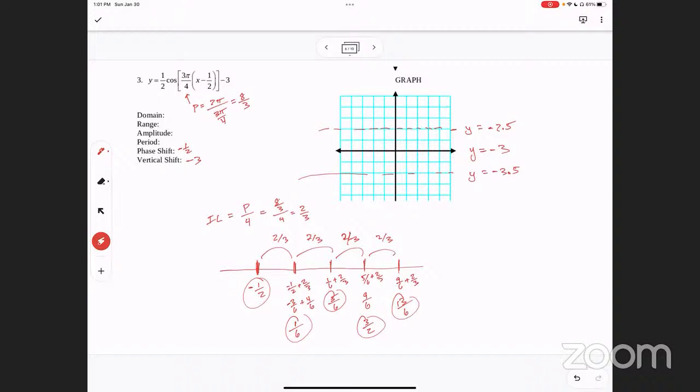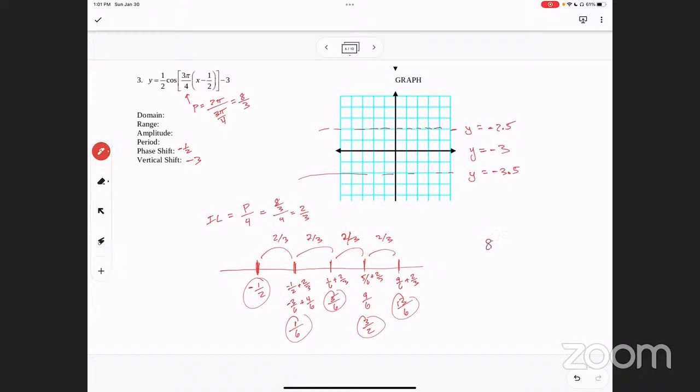Let me go over it again. 8/3 divided by 4 is like 8/3 times 1/4, which is 8/12. The 4 and the 8 cancel and you get 2/3. So the interval length should be 2/3. So if I add 2/3 four times, that's 8/3.